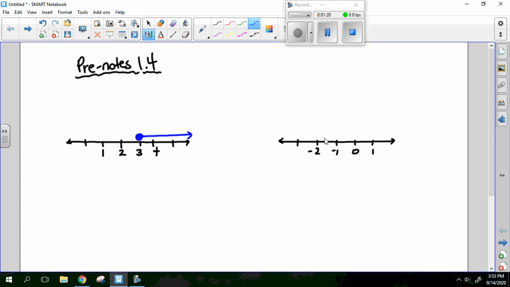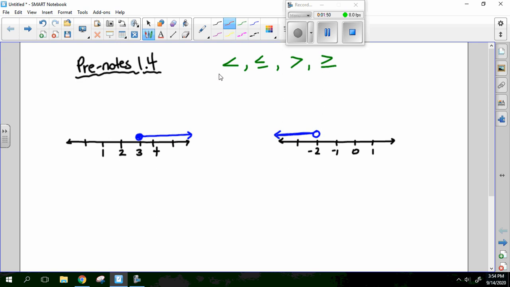I'm doing it a little bit above the number line because if you do it in pencil, sometimes you can't really see where you've drawn the arrow. So I always think it's best to put it a little bit above the line. When I say inequality, I'm talking about less than, less than or equal to, greater than, and greater than or equal to.